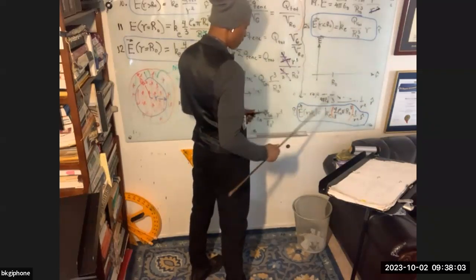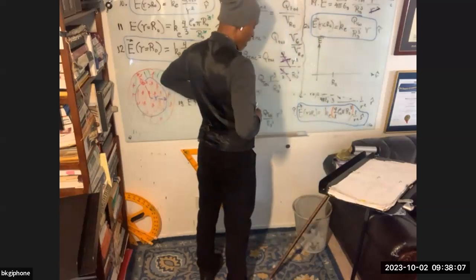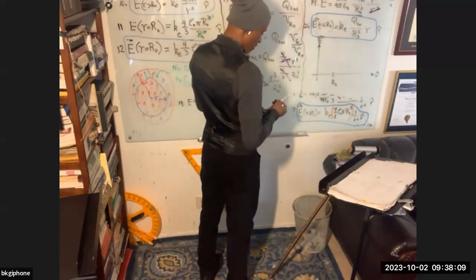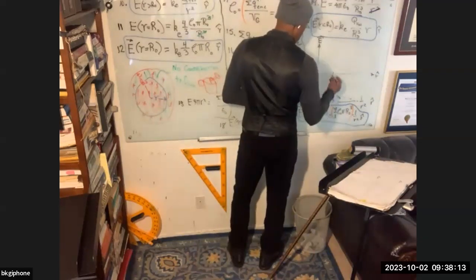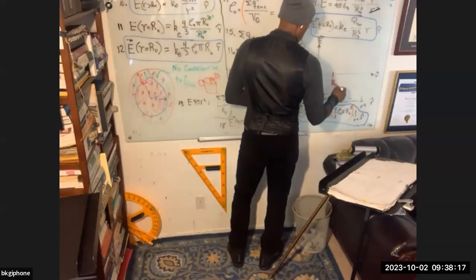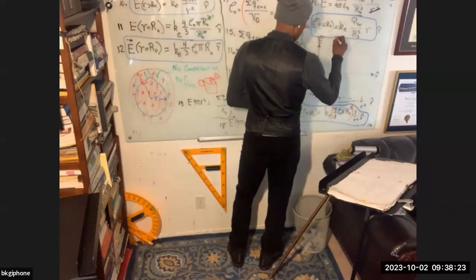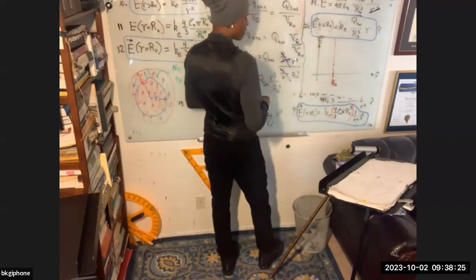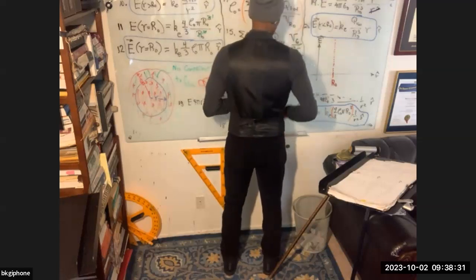Inside, on the surface, in fact, let's draw a dotted line through r naught and make it red so we can easily see it. At r naught, the value of the field is a constant.